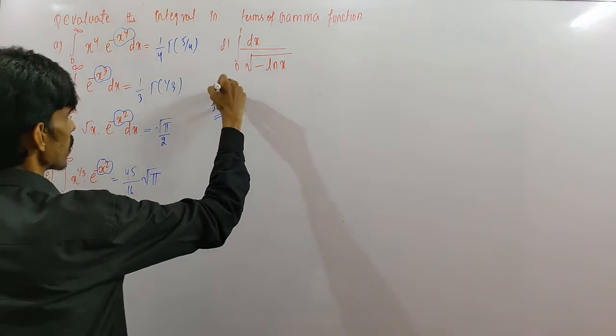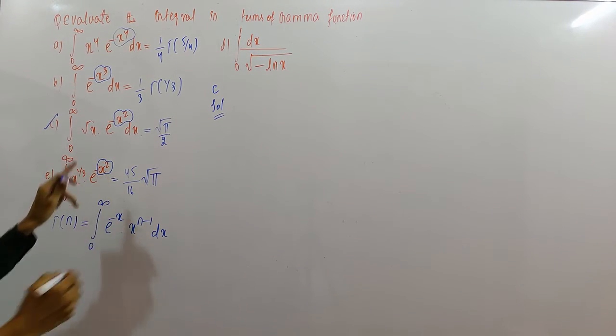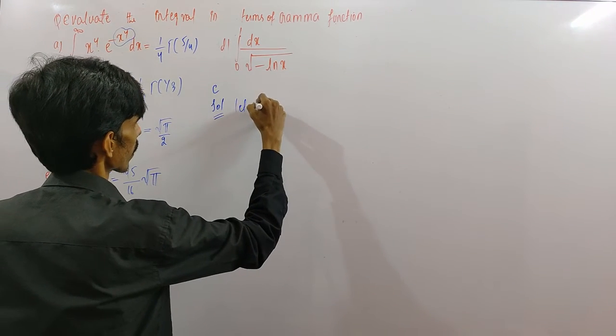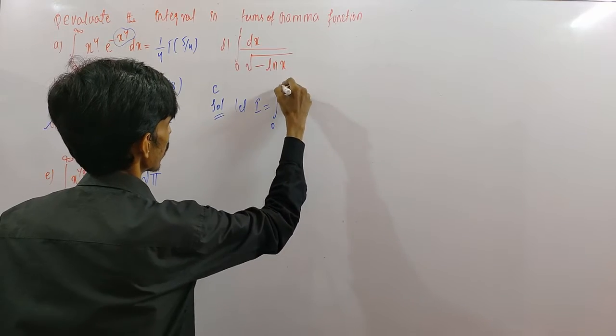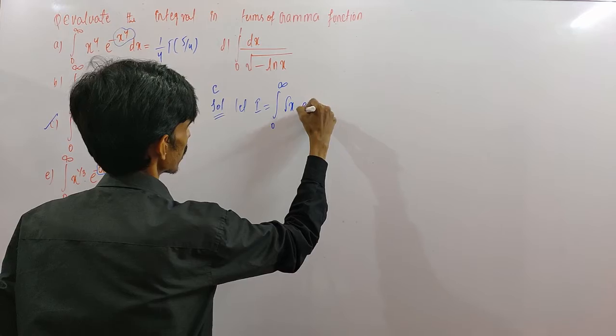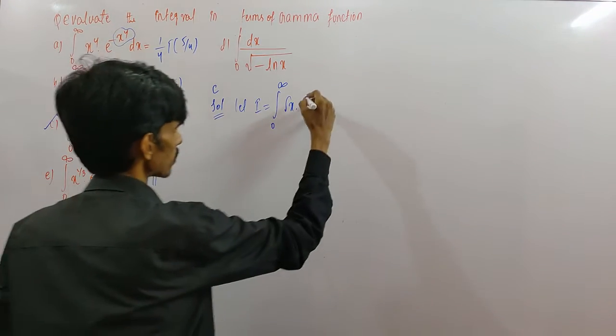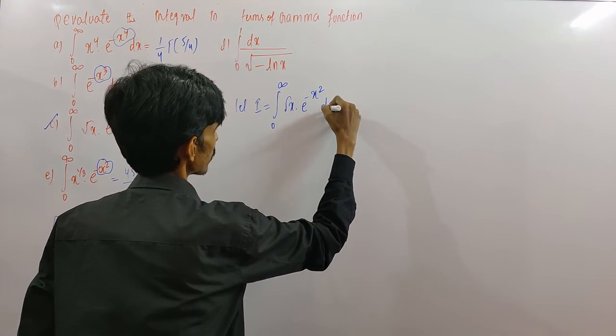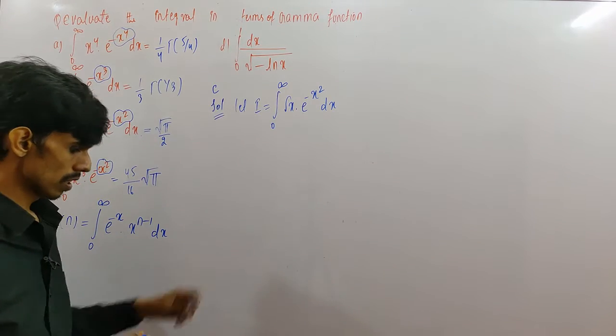Solution c. Let this integral be I, the integral from 0 to infinity of root x e to the power of minus x square dx.